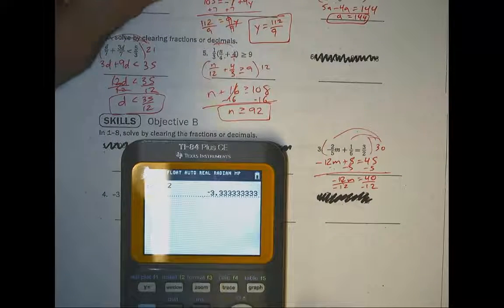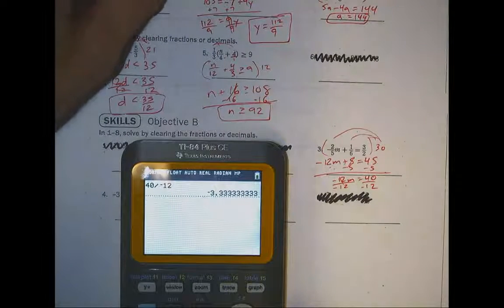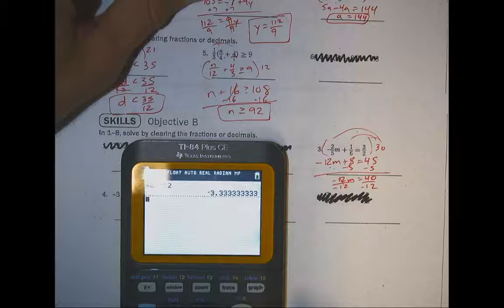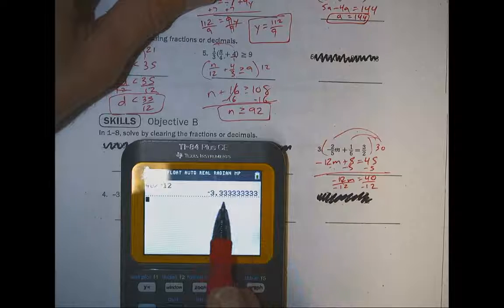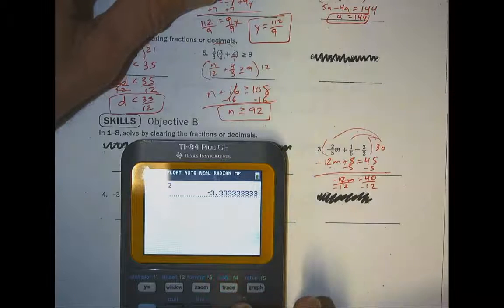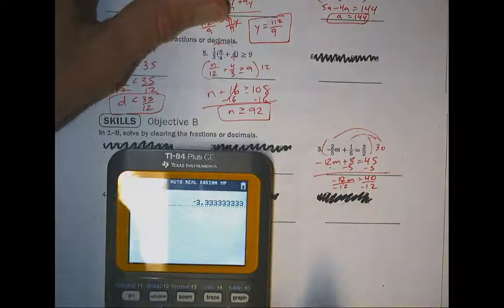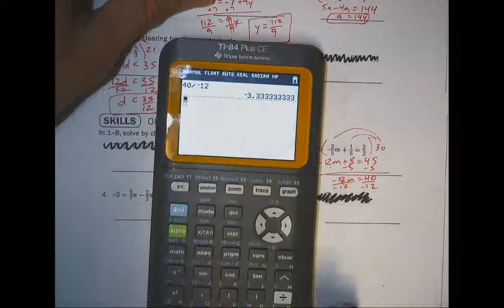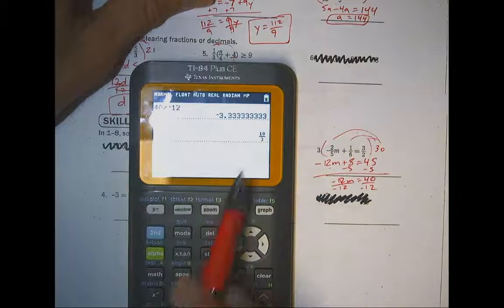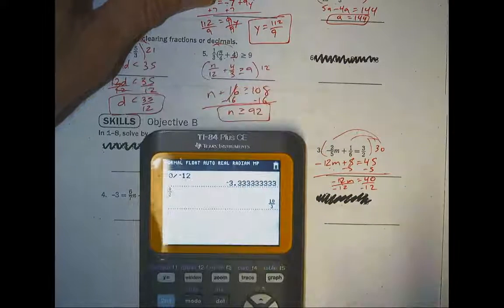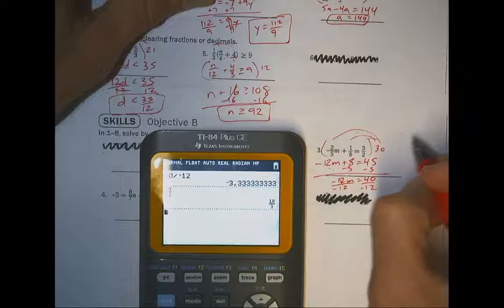Now on the answer key, they said negative 3 and 1/3. They left their answer not as an improper fraction, but as a mixed number. We should know that 3 repeated is 1/3. But we have not made it a habit of writing things in that form. We've left them as fractions. So if I put this fraction in 40 over 12, I'm going to leave it as that improper fraction, 10/3, instead of 3 and 1/3.